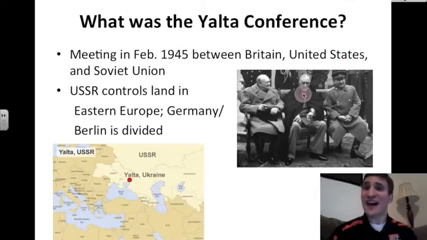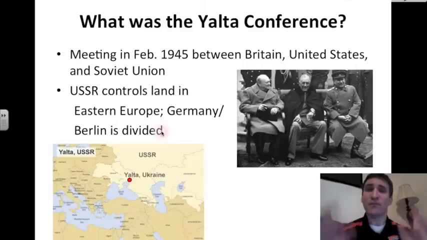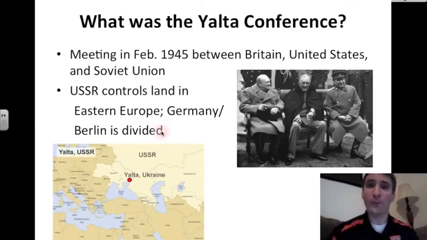He actually dies 3 months after this meeting. And the Soviet Union, and here is its leader, Joseph Stalin. At this meeting, the USSR gains control of land in Eastern Europe, and Germany and Berlin is divided. So it's an important meeting to set the groundwork for the Cold War.